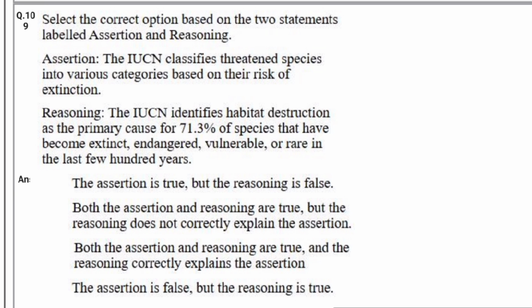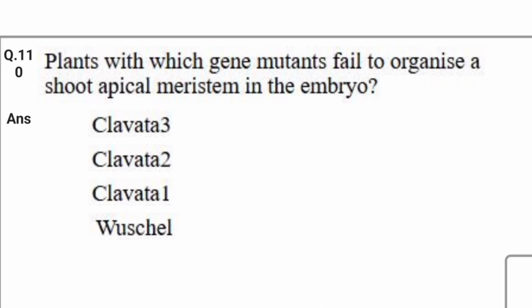For this, the correct answer is both the assertion and reasoning are true, and the reasoning correctly explains the assertion. That means the third one is the correct answer. Let's see the next question.